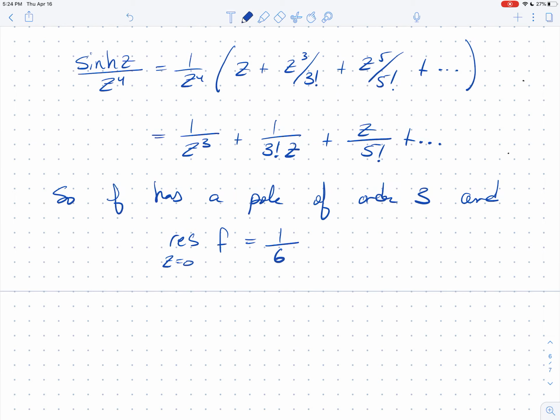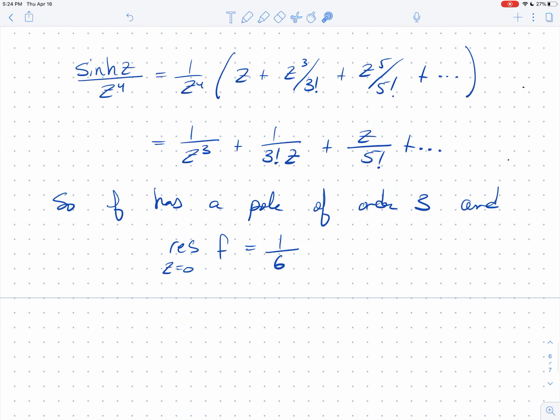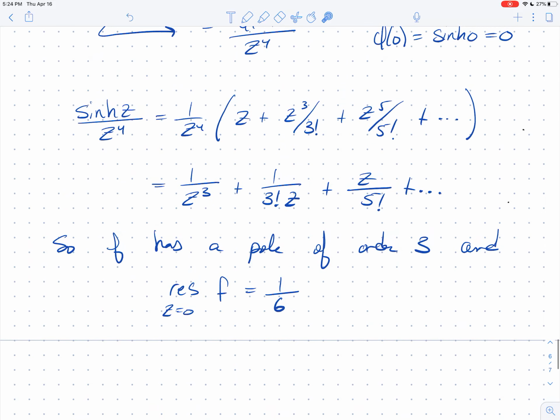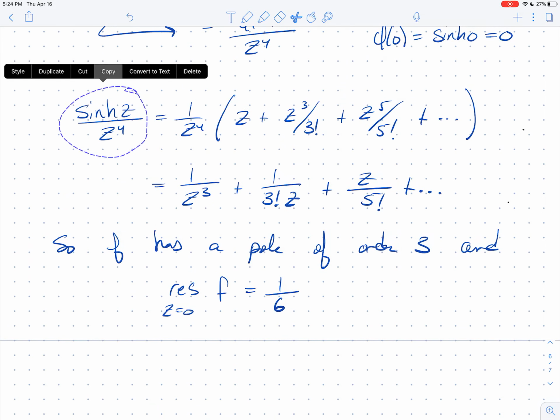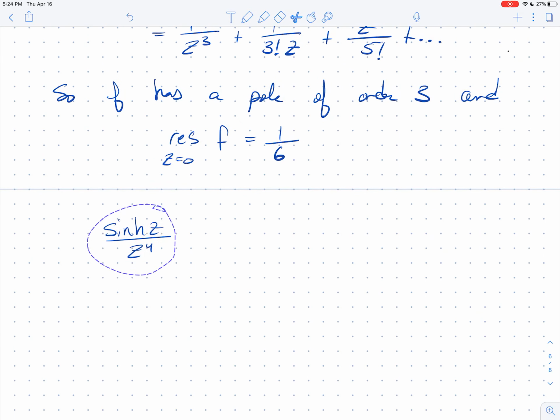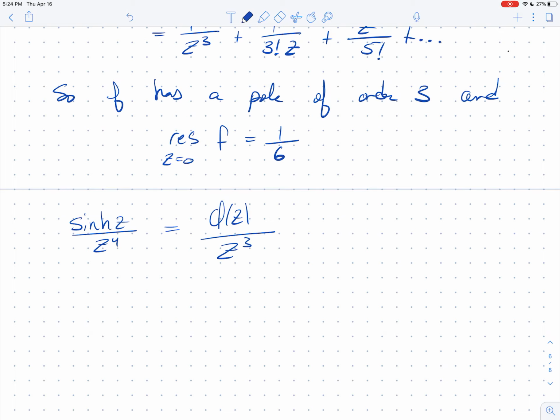So how does the theorem play into this? The theorem says if you have a pole of order 3, then we can take our original function, sinh z over z to the fourth, and write this as some phi of z over z cubed, with phi analytic at 0 and phi of 0 not 0.